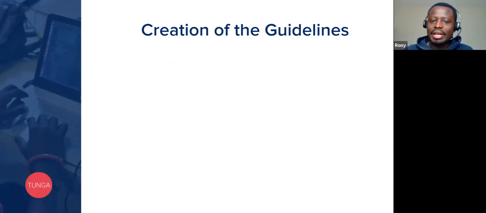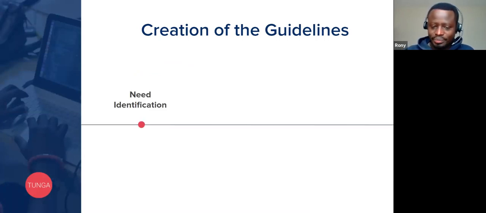Now, the creation of the guidelines. So how do you actually create one? Okay. Here is where we look straight at the case study at Tunga. What happened at Tunga in coming up with one? So in phases, phase number 1 is need identification. So it was pretty clear to us that at this particular stage, we need guidelines.